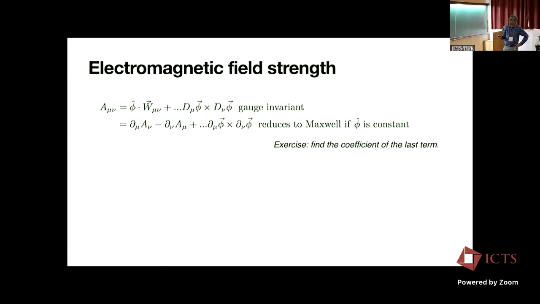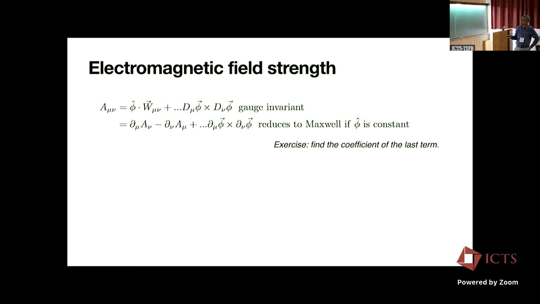One such definition was given by 't Hooft, who took phi hat dot the field strength W_mu nu and then added a piece, d_mu phi cross d_nu phi, with some coefficient, which I couldn't find last night, so I left it as an exercise for you to find that coefficient. It's not hard to find, because all you do is make sure that the quadratic piece, a W_mu W_nu piece from here, cancels the quadratic piece from here.